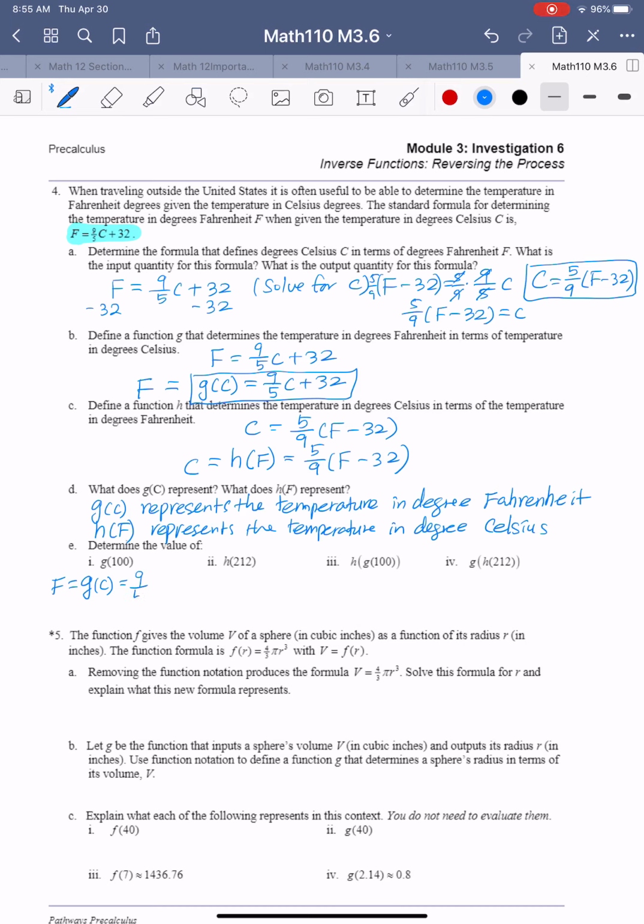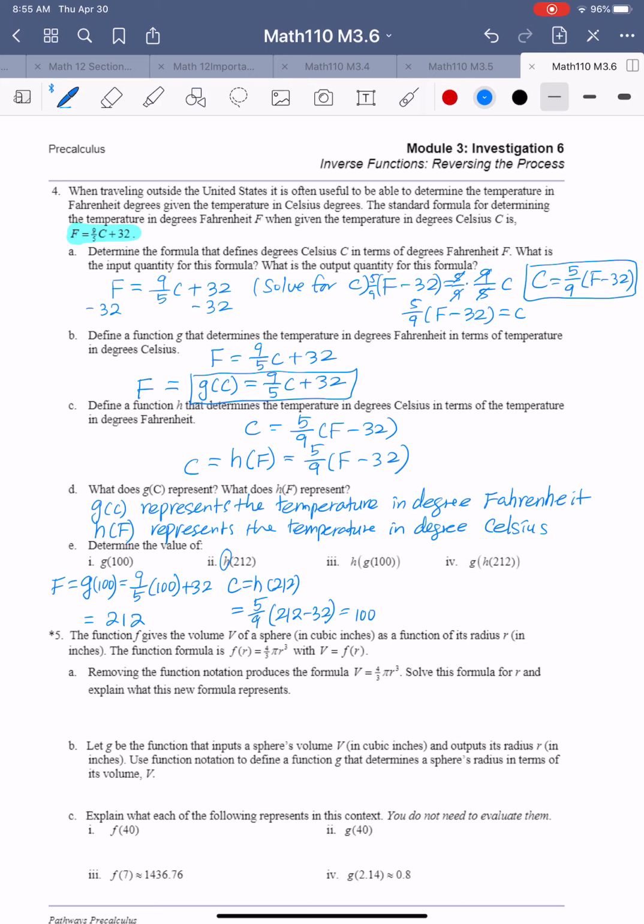So 9/5 multiplied by 100, where C is 100, plus 32, and then you get 212. And now the second one is the H function. H gives Celsius, so H of F where F is 212. Then you use this function, so you got 5/9 of F, which is 212 minus 32, which becomes 100.